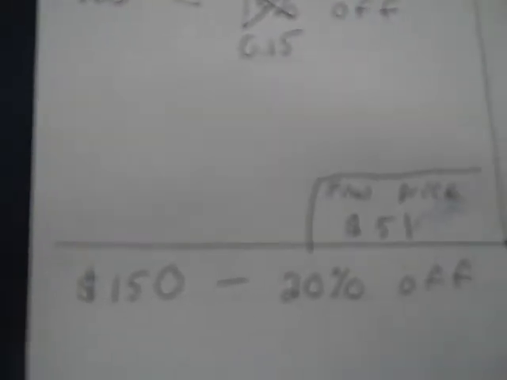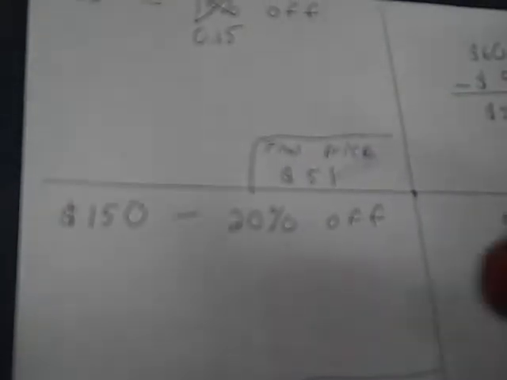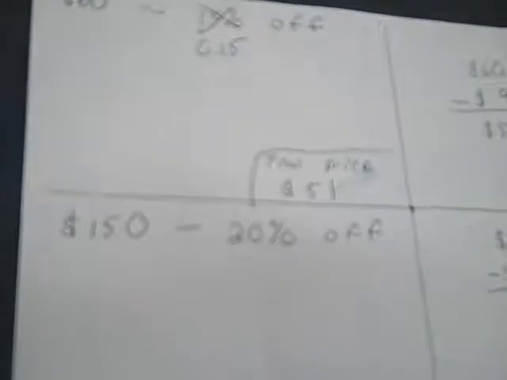Okay, $150 with 20% off. So again, take your price, whatever this thing cost, and you know that if you get a percent off, there's money that you get to subtract, to make it cheaper. So to find out what that is, I need to find what 20% of $150 is. So again, I take my percent, which is 20, and divide it by 100, 0.2.